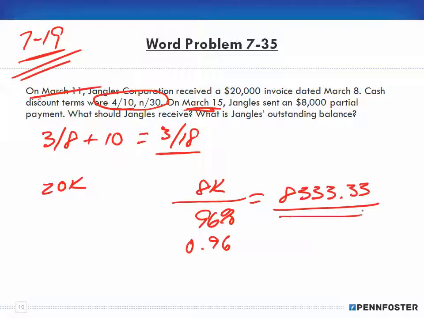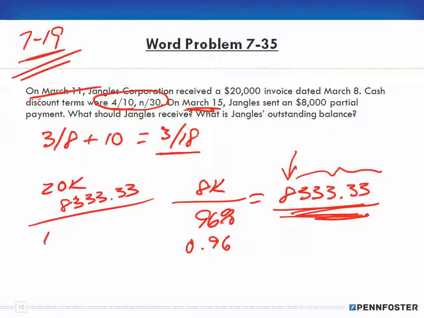So that's the total amount that I'm going to be credited. 8,000 of it is what I'm paying, and this 333.33 is because of the 4% discount. So that's my discount amount, and I subtract the 8,333.33 from the 20,000, and that gives me a balance of $11,666.67 that's owed on the account.